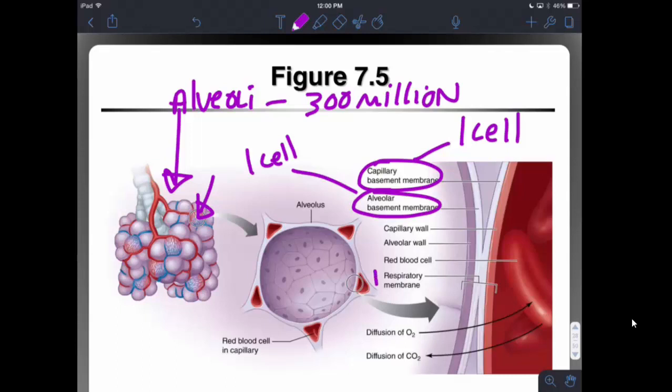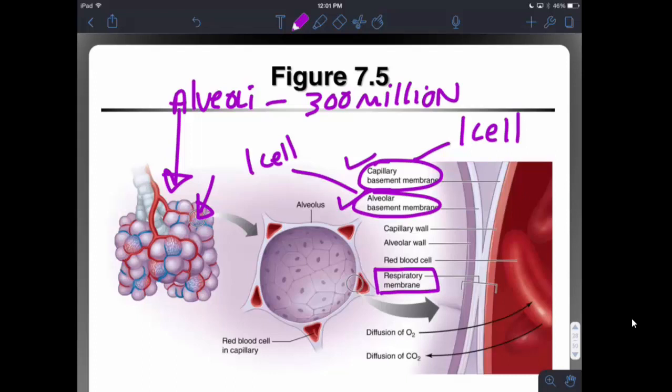So together, the respiratory membrane is made up of the capillary membrane and the alveolar membrane, and so the respiratory membrane is 2 cells thick, very, very thin. So together, the alveoli and the capillaries are very well suited for gas diffusion. It's very easy for a gas to move across such a tiny little membrane.